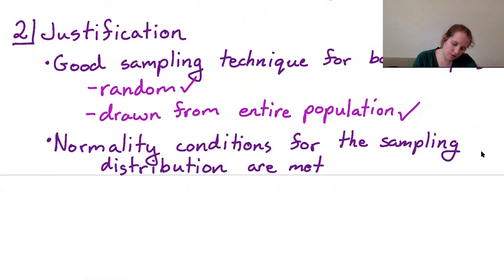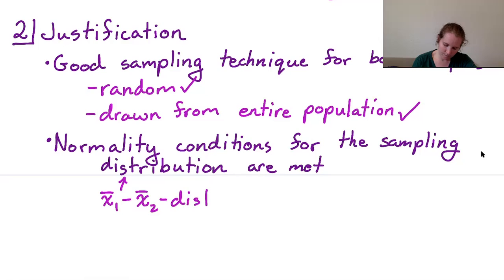So we are here working with the difference in sample means, so X1 bar minus X2 bar distribution. And the requirement for this is the same as the requirement for the X bar distribution, except it has to hold for both samples.